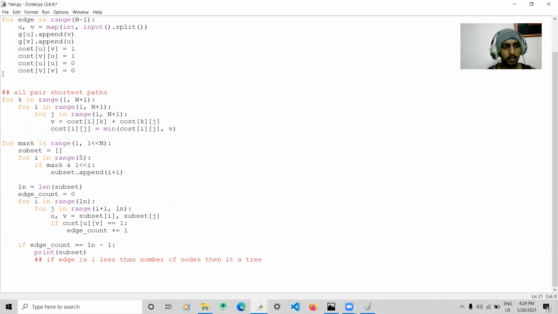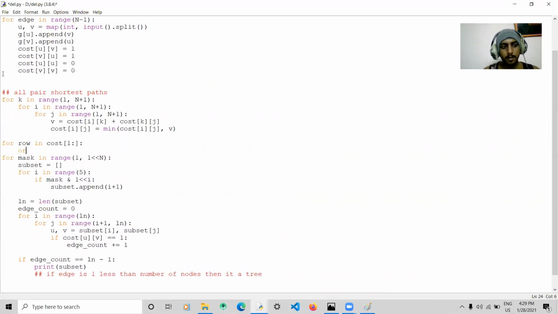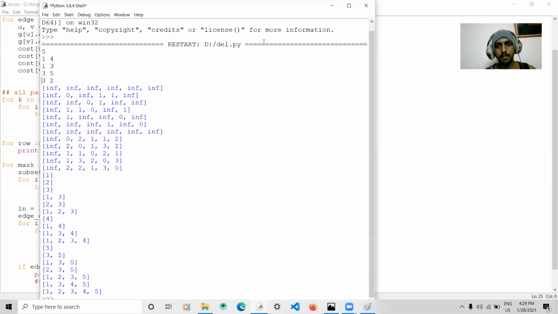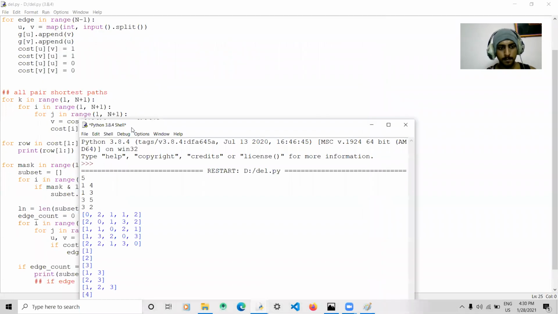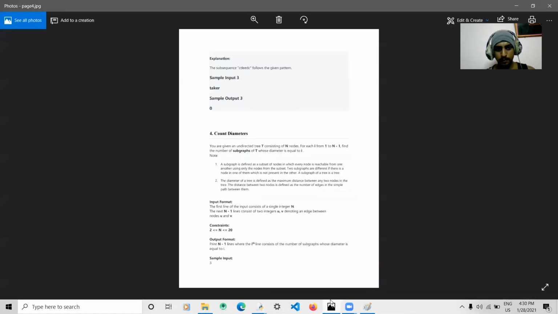Actually, we do want cost. And for practical purposes, I am omitting the zero row and zero column, because the rows and columns were zero based, but we want one based. So this is our cost from 1 to 1, from 1 to 2, from 1 to 3, from 1 to 4.